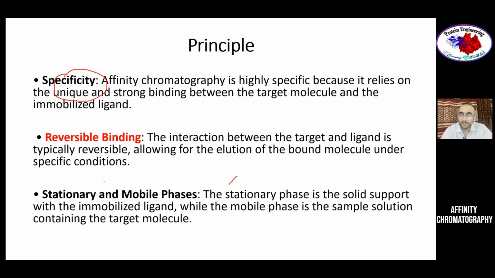Then the binding should be reversible in nature. Once the ligand is bound to the analyte, that interaction can be disturbed and removed, so that the bound analyte can be eluted out from the column. And of course, you have a stationary phase. A stationary phase is composed of a matrix where the ligands are covalently immobilized. That's used in the affinity column.